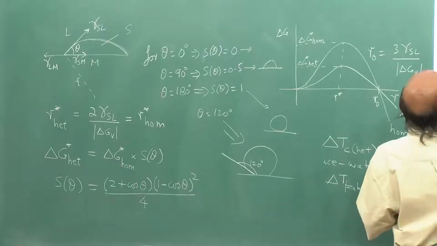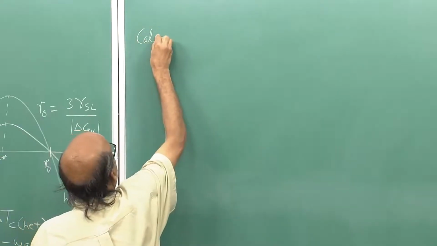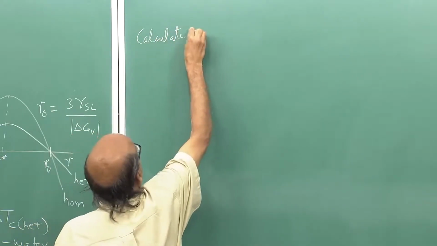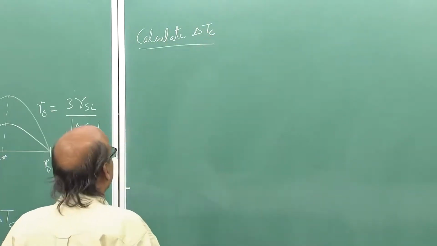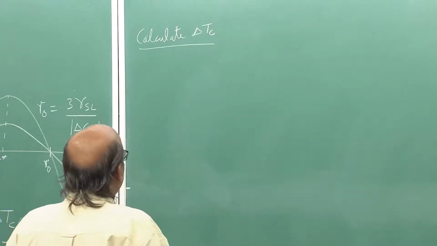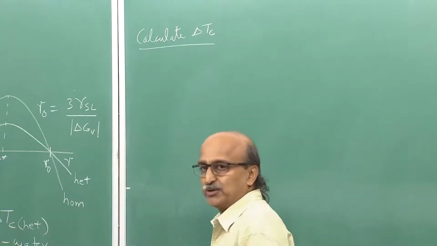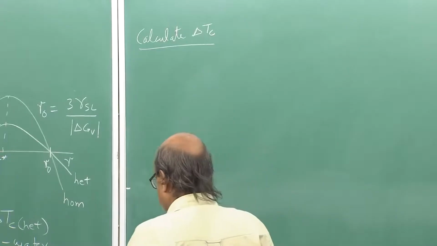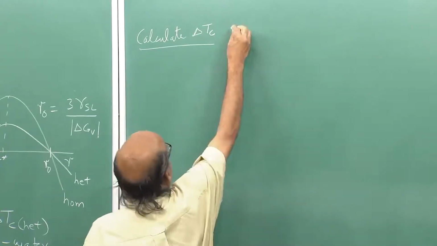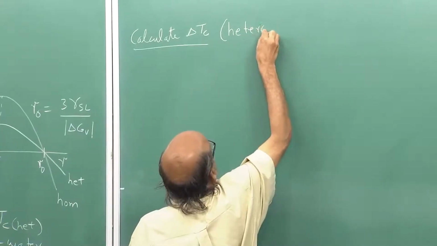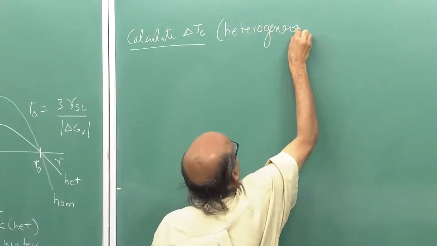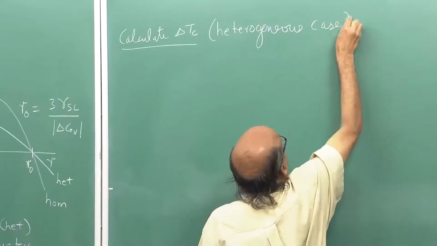So, first let us calculate delta Tc, the critical undercooling at which measurable nucleation takes place heterogeneously. So, calculate delta G for the heterogeneous case.